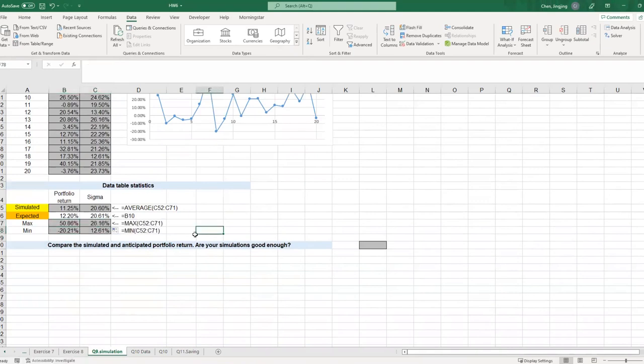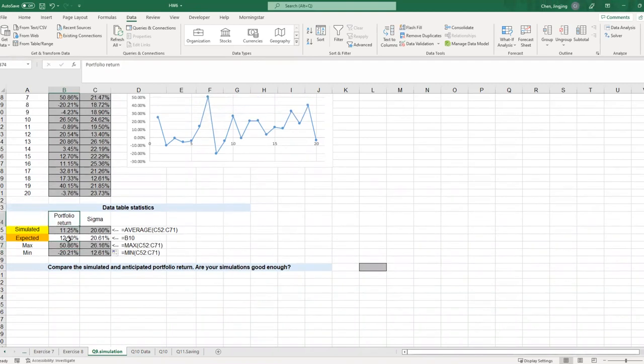Among 20 different experiments, the maximum simulated portfolio return is 50%. The minimum is negative 20%, so there's still a lot of volatility. For sigma, the max is 26% and the minimum portfolio sigma is 12%.